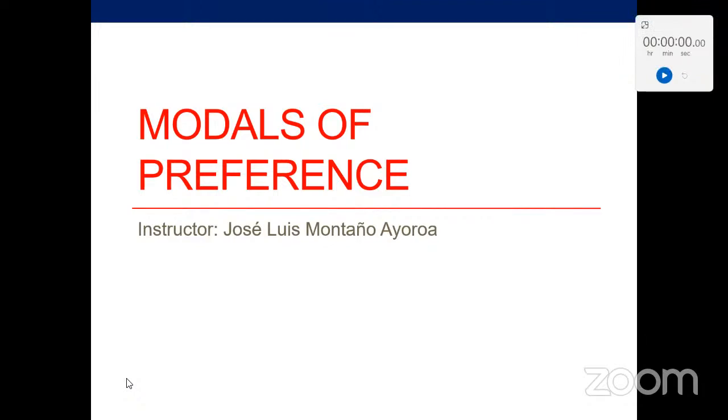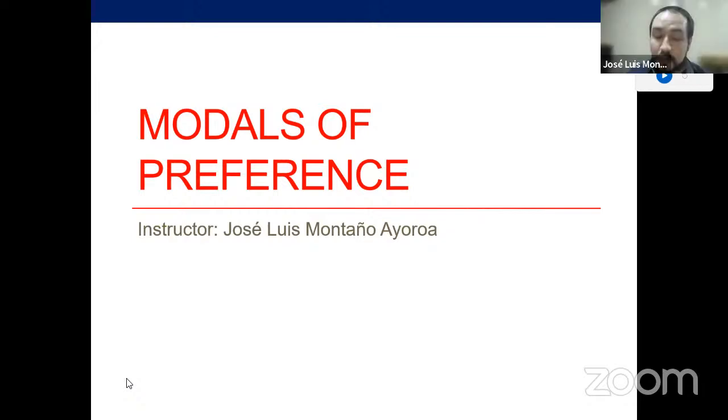Models of preference. For example, it will be... Okay, would is part of it, but if you only use would, it is not enough, right?